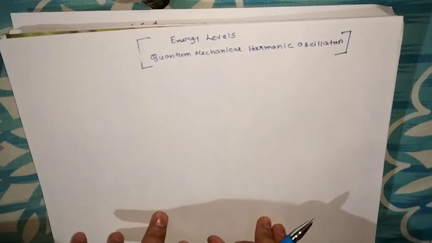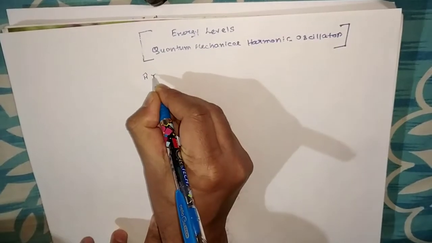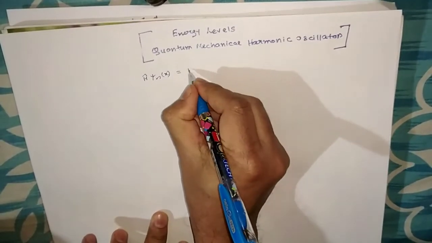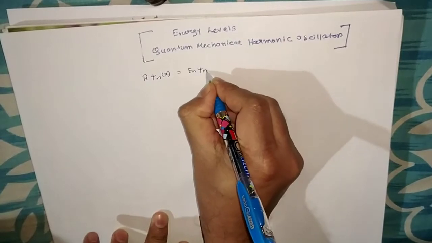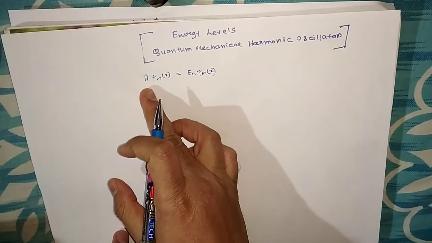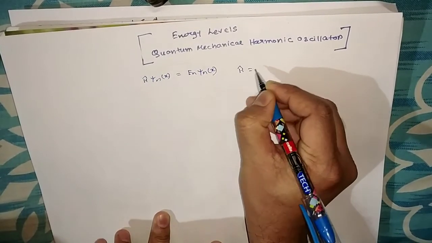As you know, the short form of the Schrodinger's equation is H psi n(x) is equal to En psi n(x). What is H? H is the Hamiltonian operator, which is nothing but the energy operator.